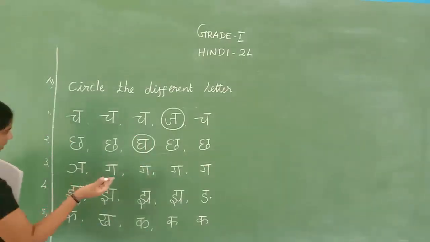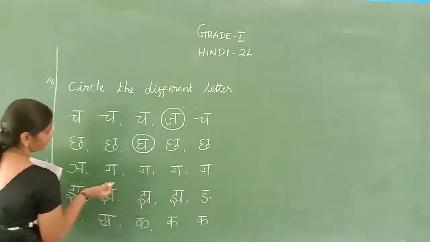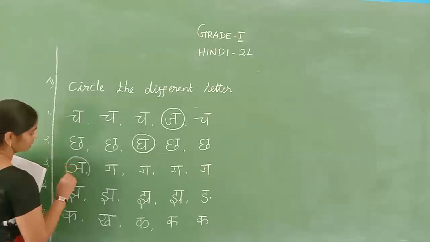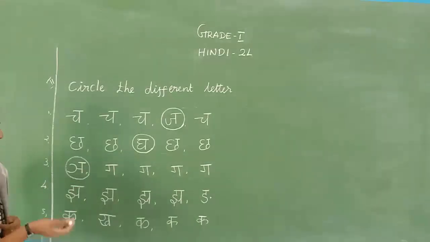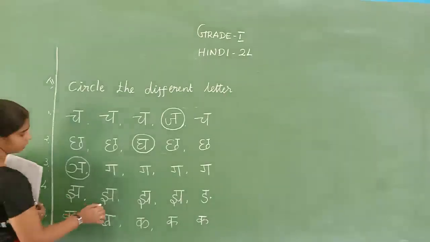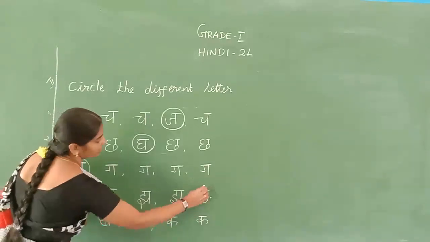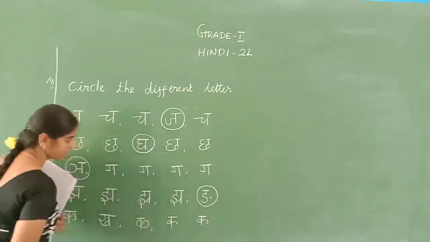Okay, the next. The first one is very simple. We have the gha letter here and only one is the different letter. Have to read that and listen. Jha, jha, jha, nya. Yes, this is the different letter. Am I right? Yes, correct.